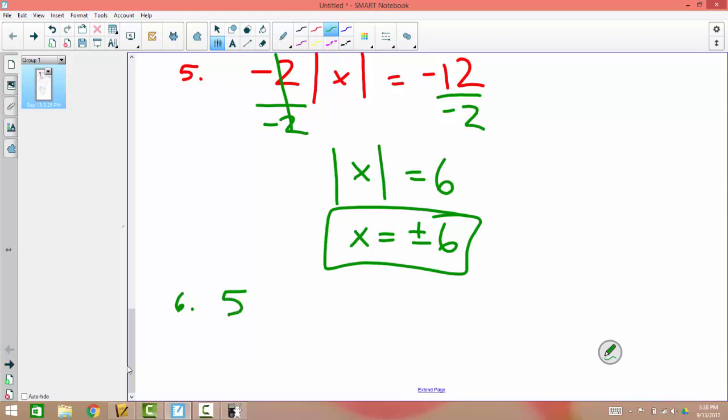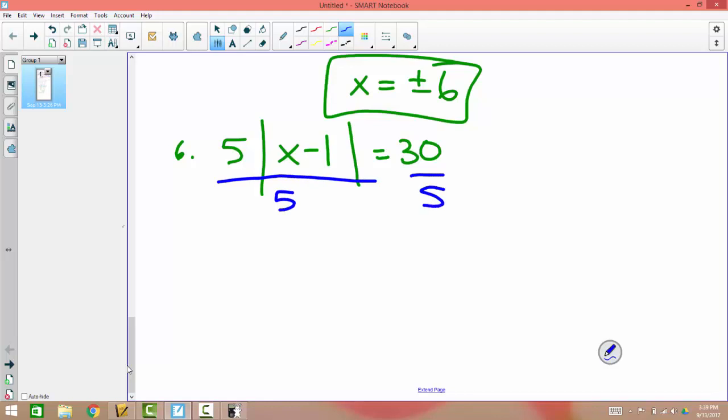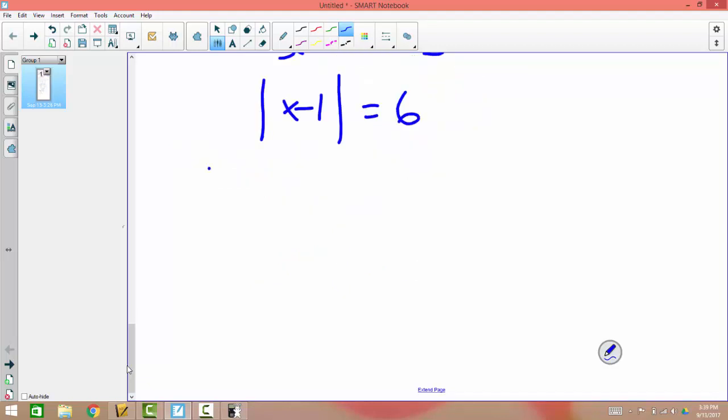We'll do 5 times the absolute value of x minus 1 equals 30. First step would be to divide by 5. So now you have the absolute value of x minus 1 equals 6. You then have two problems that you're working with. x minus 1 equals 6.